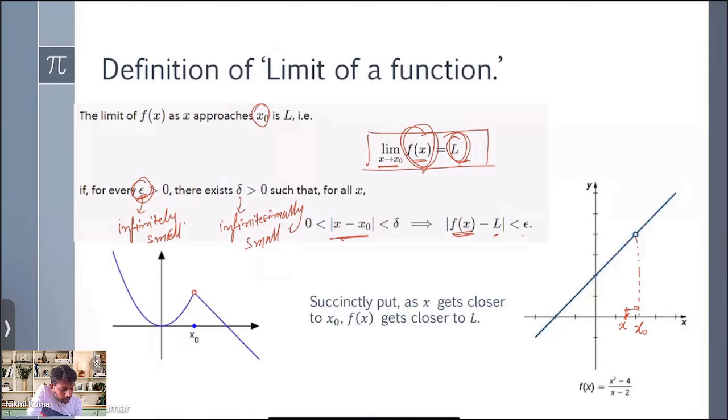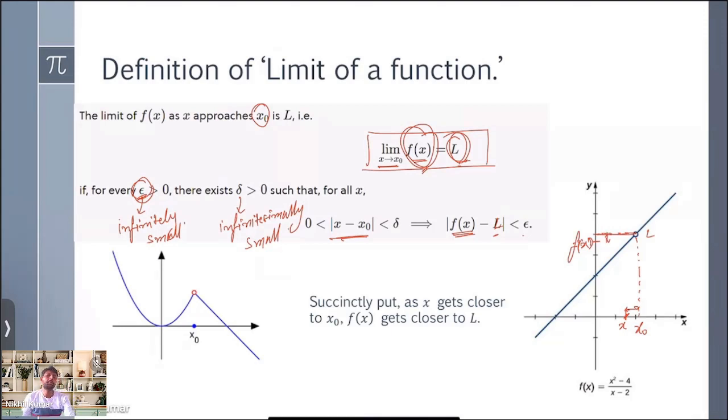So whatever the value is here, let's say this is f of x, the distance between this number L and f of x is also very small.